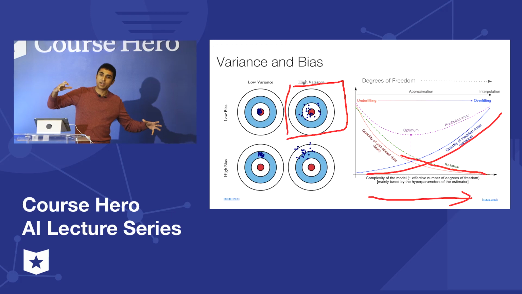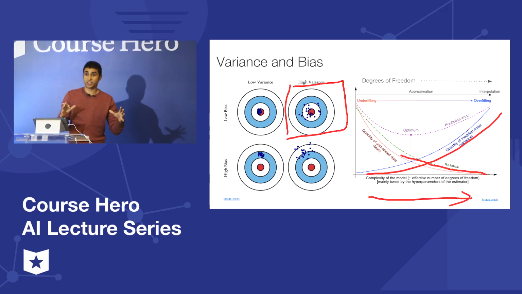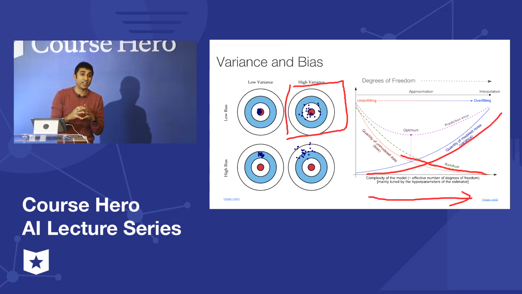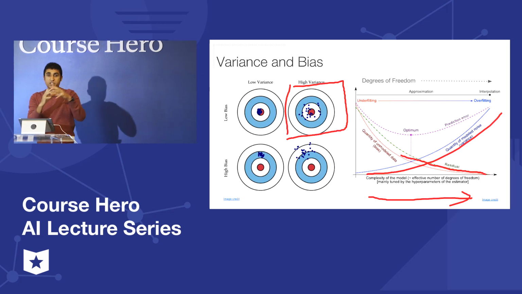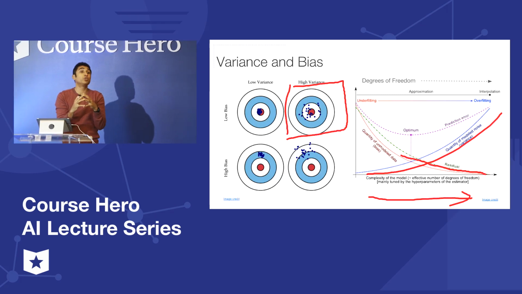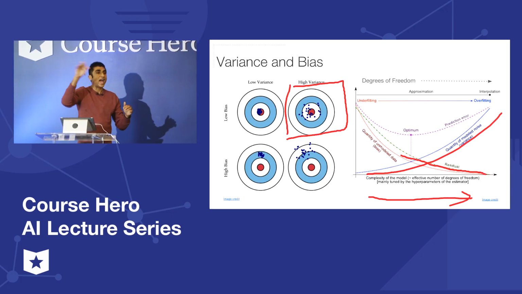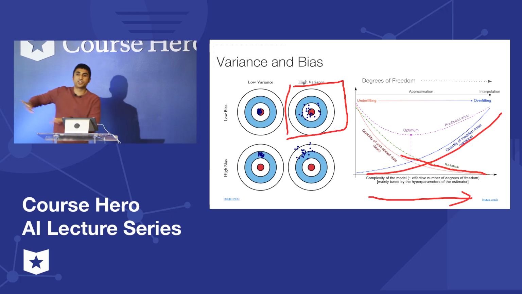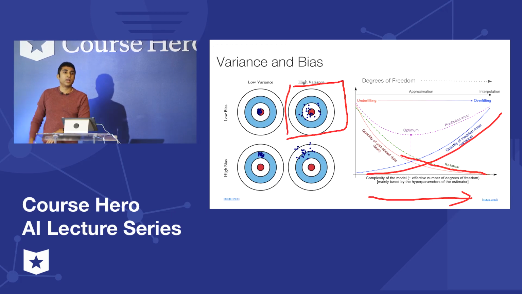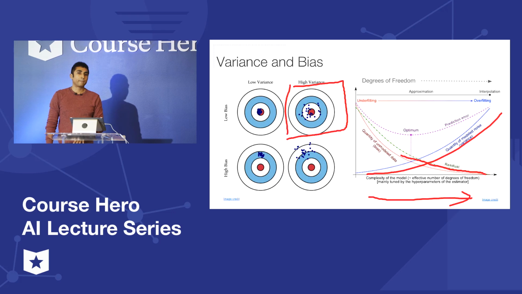To actually make it not that dispersed, you want to reduce variance. For it to be towards the bullseye, you need to reduce bias. If you have a bias, the curve shifts. If you add a bias to a sigmoid, what happens? The curve just shifts, but the sigmoid remains, right?